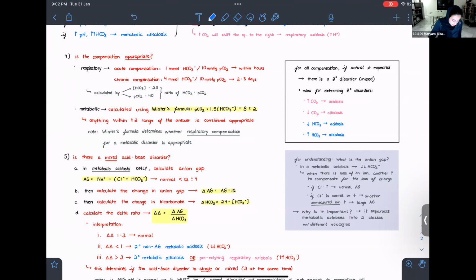We're going to see, let's say our bicarb is whatever number, okay? Let's say our bicarb is 16, okay? So 1.5 into 16 plus 8, and then plus minus 2, okay? So whatever that number may be, the plus minus 2 is essential for us to know, is this compensation appropriate?